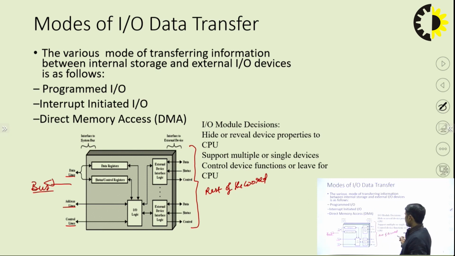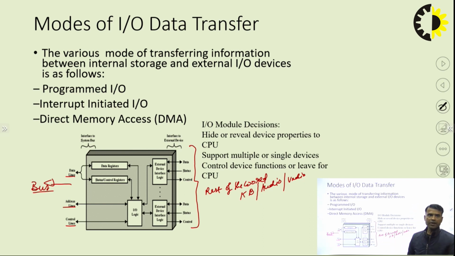So whatever data comes on this interface from the rest of the world, like we can have a keyboard, or we can have connected devices like audio or any capturing device like video input output devices connected to this interface.